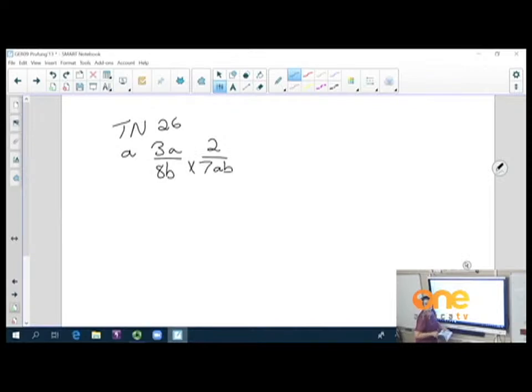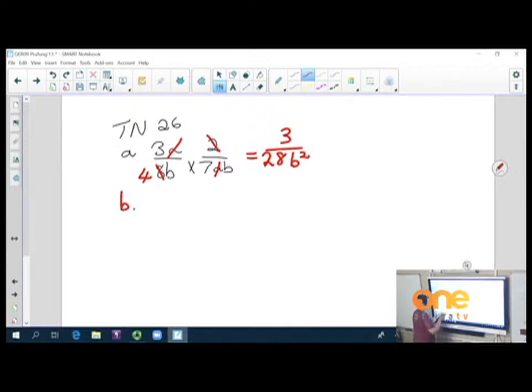Now, still, we're looking for cancelling. So the 2 can divide into the 8 4 times. This a and this a can cancel out. So then you have 3 over 28. I multiply the numbers and I add my indices.